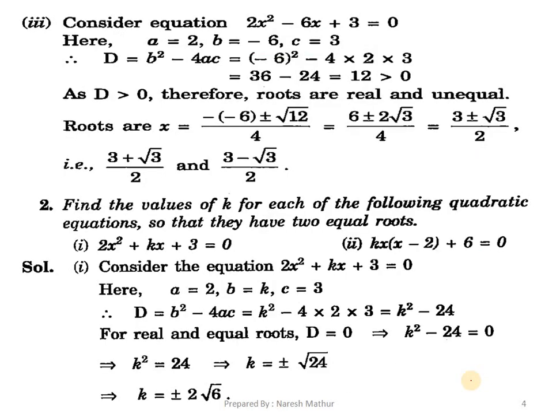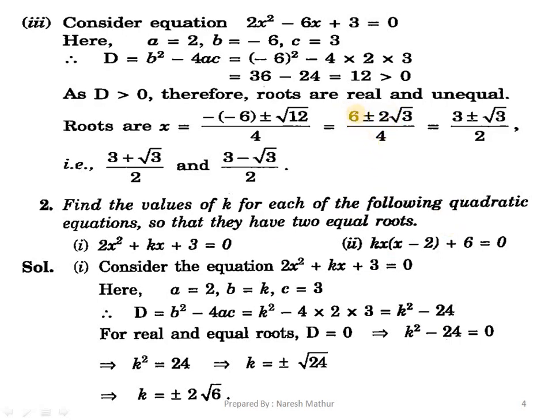Alright. Next, in the third equation, we can get the value of discriminant. As we can see, the value of D is 12, which is greater than 0. It means the equation has real and distinct roots. They will differ from each other. So when we put the values, we get 6 plus minus 2 root 3 upon 4.